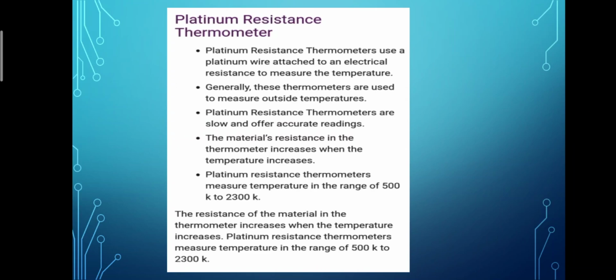The material's resistance in the thermometer increases when the temperature increases. They measure temperature in the range of 500 Kelvin to 2300 Kelvin.